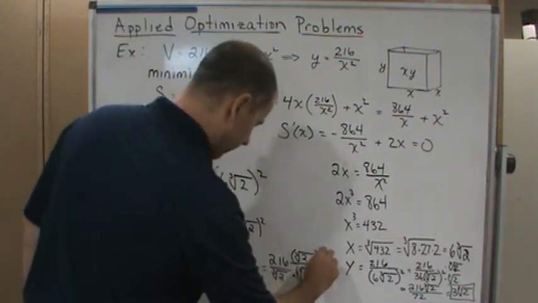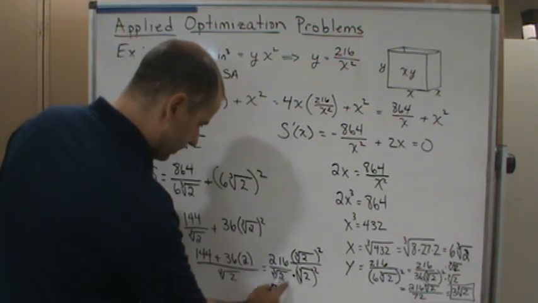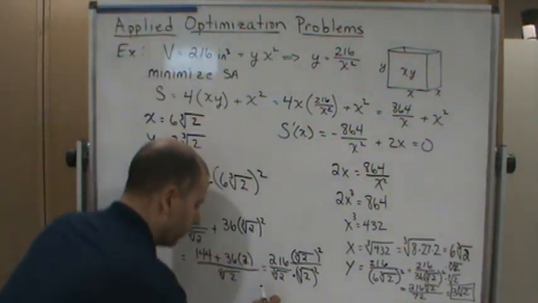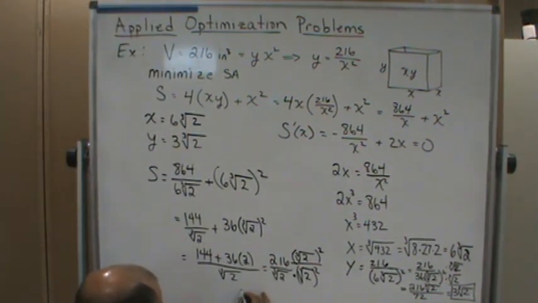And so this is going to give me 216, and I'm going to get 2 on the bottom because I've got the cube root of 2 here, and 2 more cube root of 2's here, so that's going to give me the cube root of 2 cubed, which is 2.